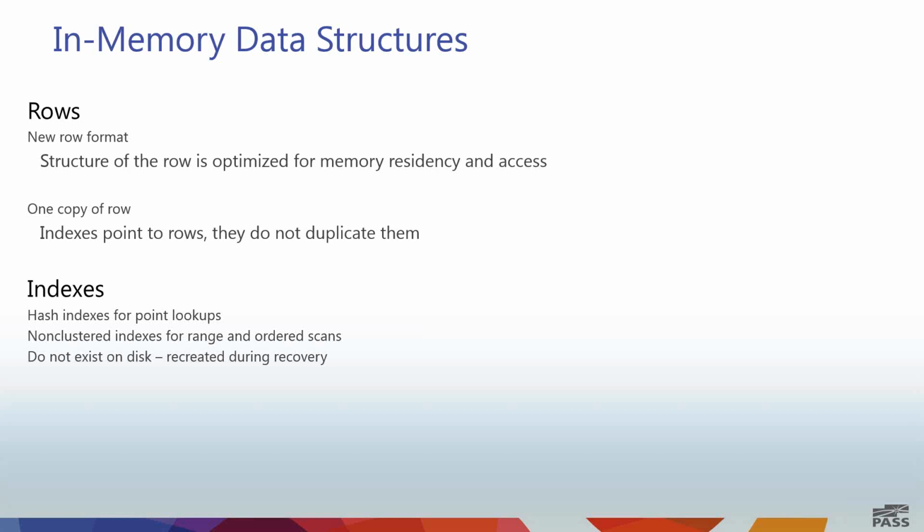Then when you think about indexes, we have two types of indexes. The first is a hash index, which is especially optimized for point lookups.